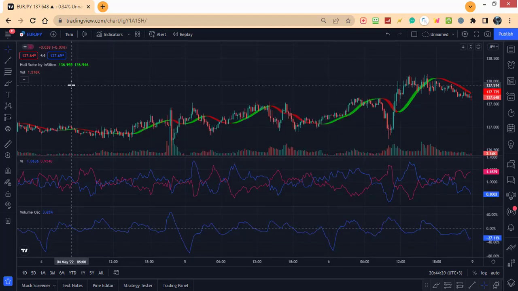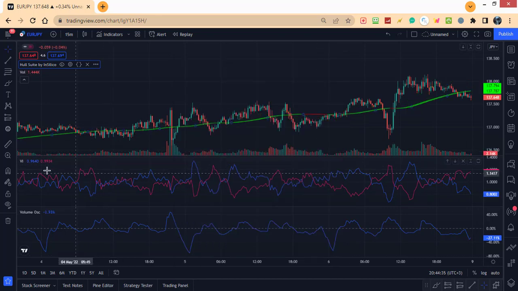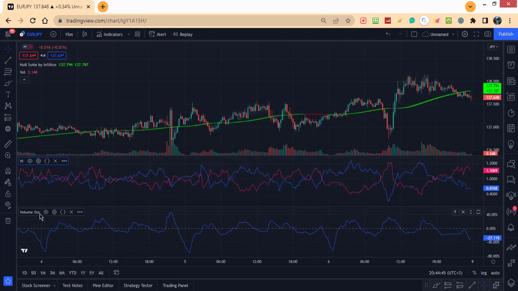We will do some settings of these indicators. First of all, Hull Suite, and we will click on settings, and we will change this 55 number to 100, and we will also change this multiplier from 1 to 3. Okay, and now we will change the setting of the Vortex indicator and change this 14 to 20, and okay.